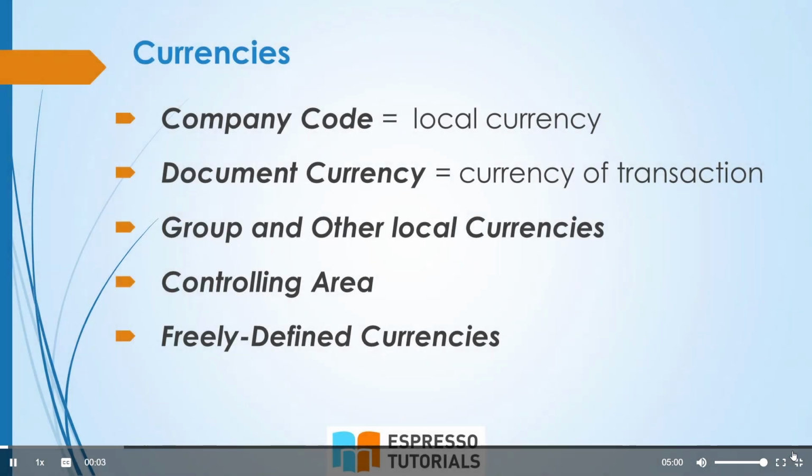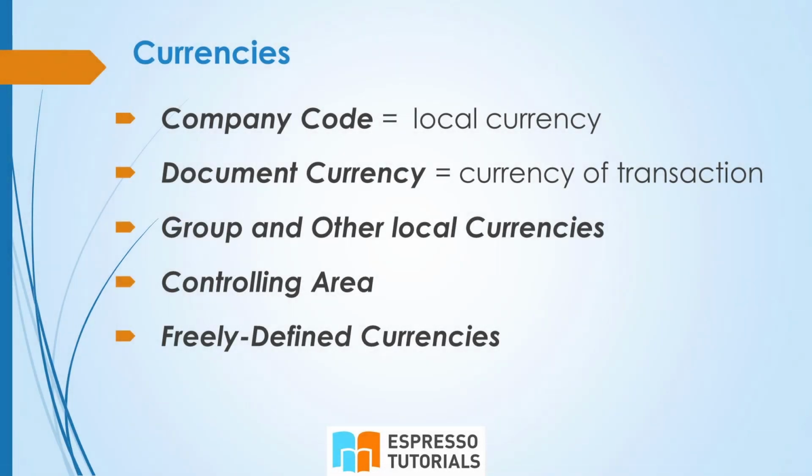Postings can be recorded in a number of different currencies. The company code or local currency is fixed and is the currency which the company operates in. Although this is normally the currency of the country where the company is registered, this is not always the case. If a company does most of its trading, for example, in US dollars, but is based elsewhere, it may decide to keep its books in US dollars.